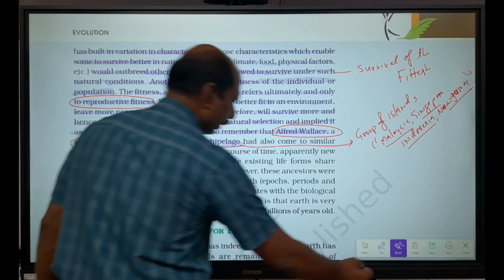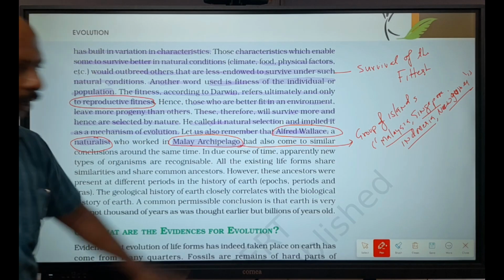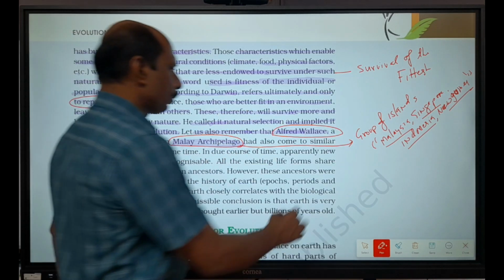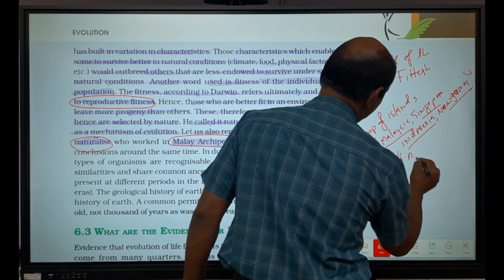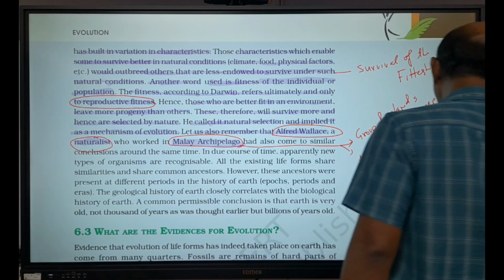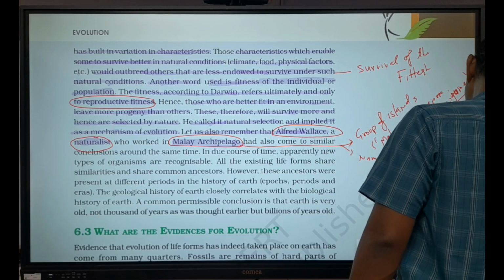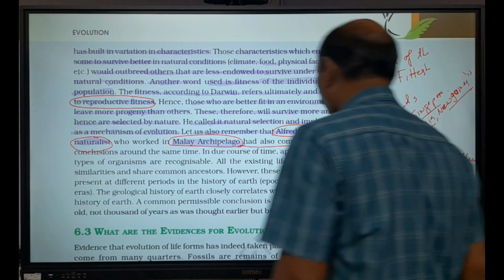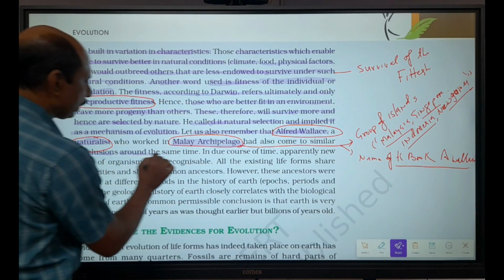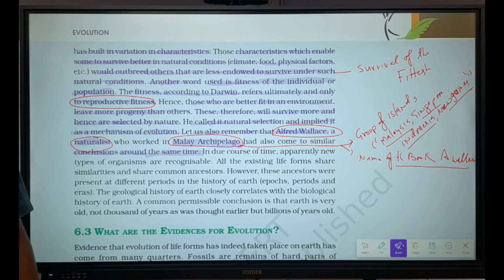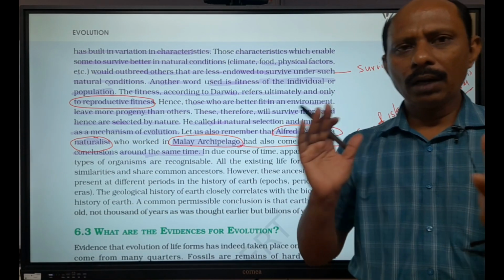One more important thing: The Malay Archipelago is also the name of the book written by Alfred Wallace. Around the same time as Darwin, he came to a similar conclusion and sent his chart to Darwin.